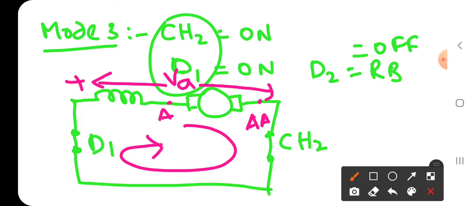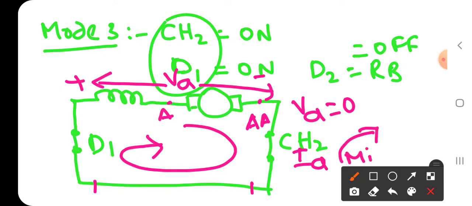VA plus, VA minus. And this VA is the voltage across this short circuit. In the short circuit, voltage is 0. So therefore VA is equal to 0. And IA increases from minimum to maximum. Then what is the path of IA?